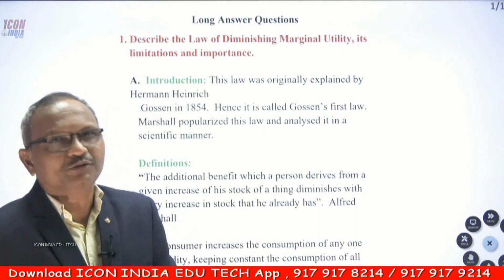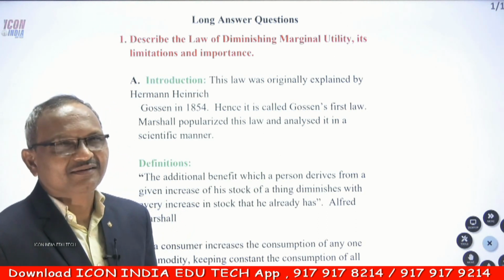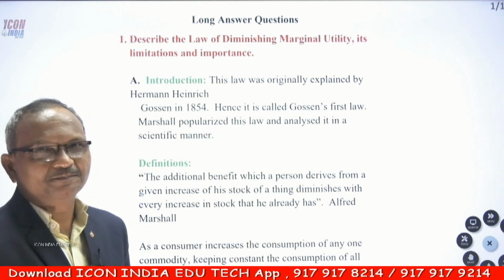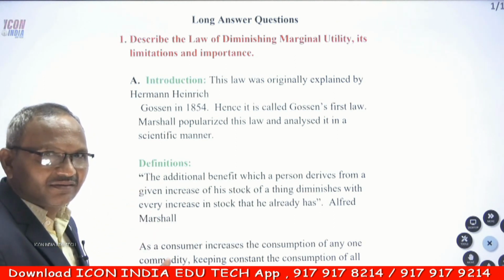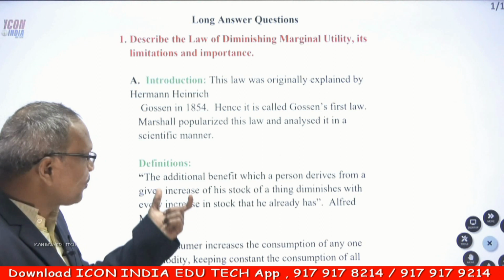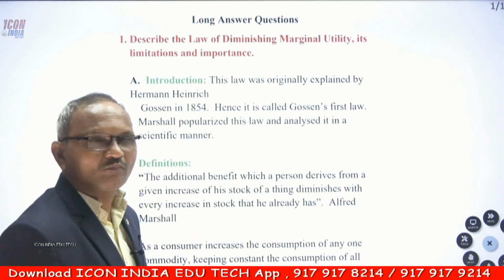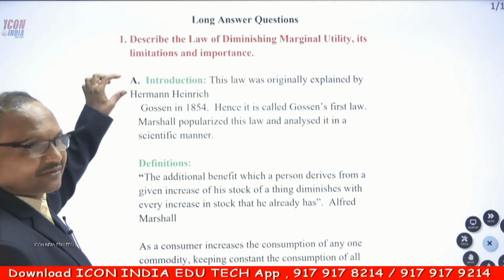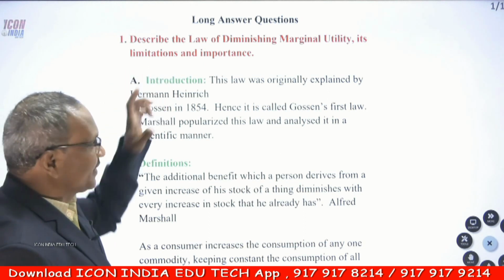While explaining the question, simultaneously, I will explain what steps are to be followed. The answer is according to the required steps to be followed in the final examination. Okay? So, the first step is introduction.